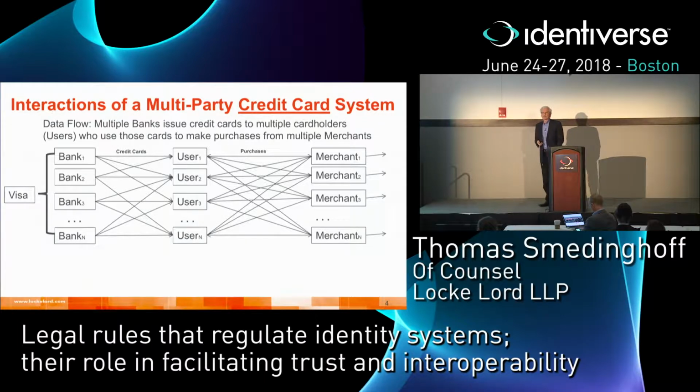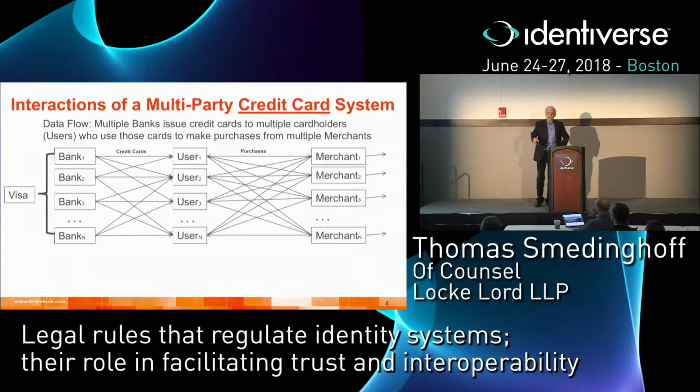So this diagram is just an example to show the relationships in the context of a credit card system where, for example, in the Visa system, you've got multiple banks issuing multiple cards to multiple users who then use those cards with multiple merchants who then pass it on to multiple processors and so forth and so on. You've got a huge system, many different roles, many different participants, and ultimately crossing all kinds of jurisdictions.